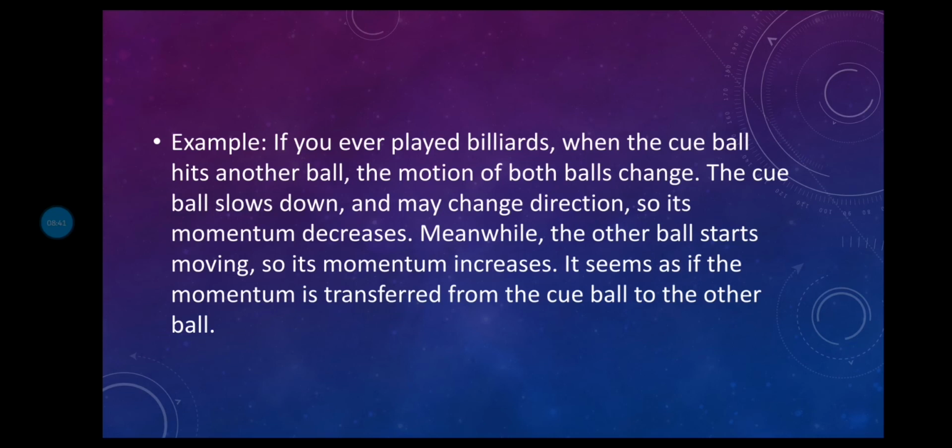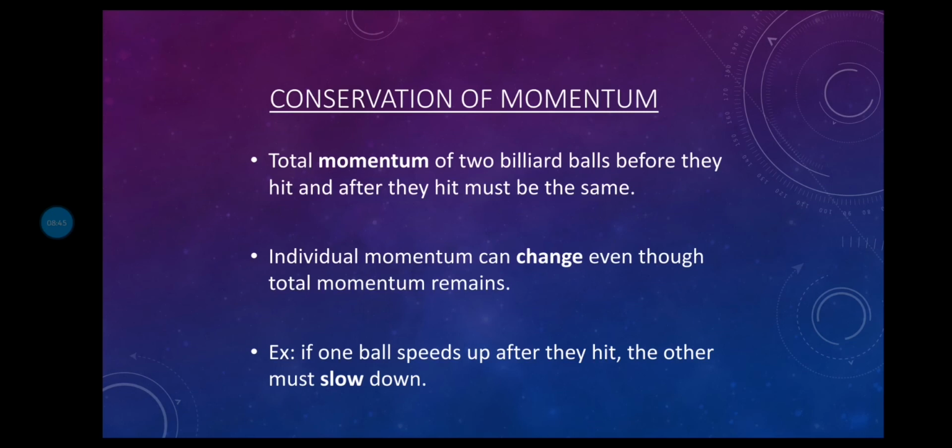It seems as if the momentum is transferred from the cue ball to other balls. So the total momentum of two billiard balls before they hit and after they hit must be the same. Individual momentum can change even though total momentum remains. Example, if one ball speeds up after they hit, the other must slow down.